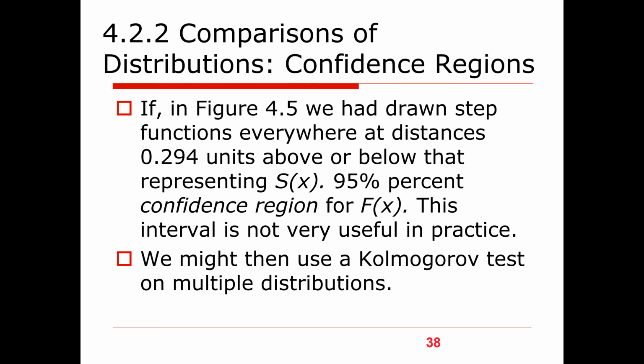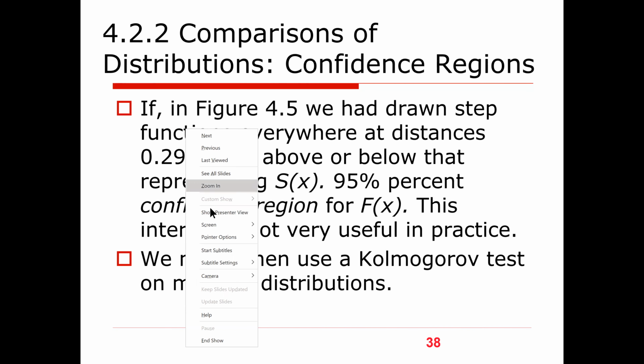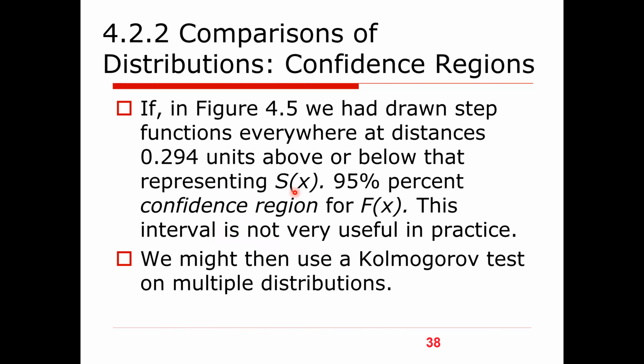So this confidence region is somehow useless. If the biggest magnitude, or we should say the Kolmogorov test statistic, exceeds this value, then that's a big discrepancy, where even intuitively we can conclude the distribution doesn't fit. So this interval is not very effective.